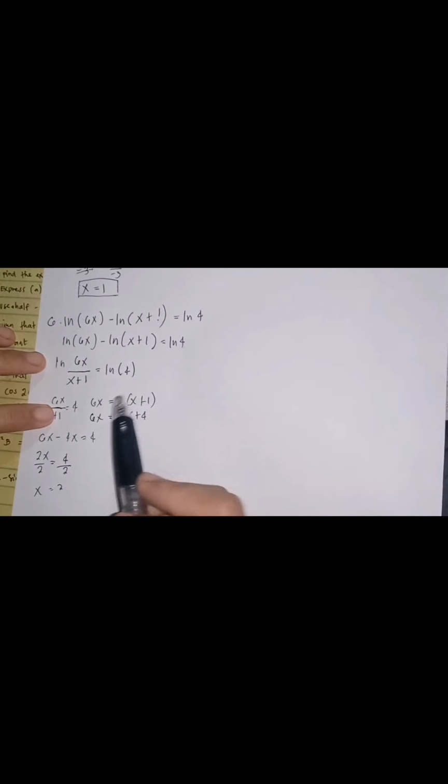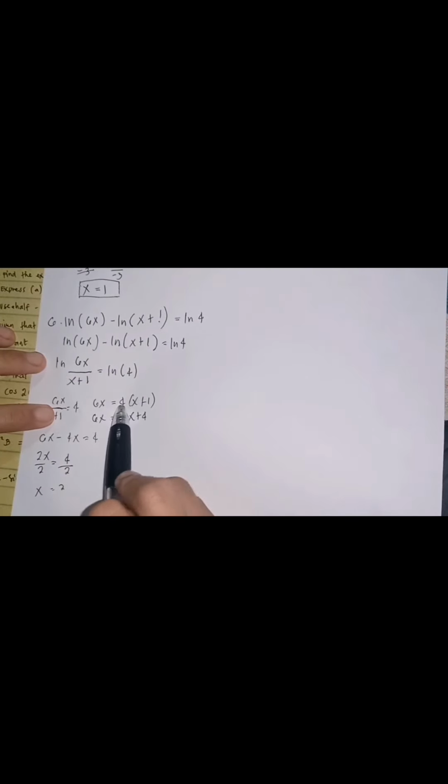Next, if we simplify, the ln's cancel, so 6x over x plus 1 equals 4. And then the denominator is multiplied by 4, so 6x equals 4 times x plus 1. In the algebra method, we multiply it through the parentheses, so it becomes 4x, 4 times x, and 4 times 1 is just 4.